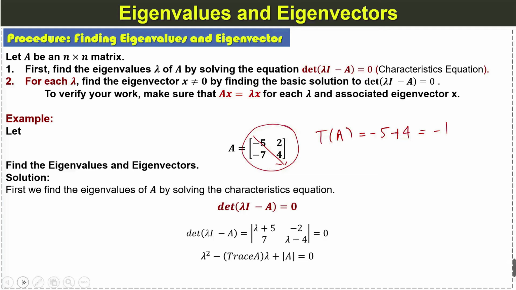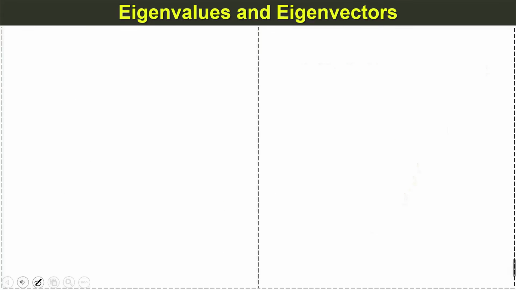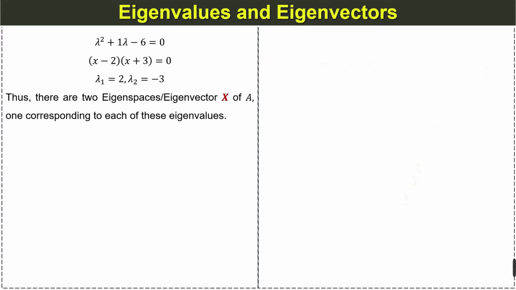After finding the determinant and the trace, we substitute them in this equation. After substituting, we have this equation. This is the final equation, and now we solve it to find the eigenvalues.